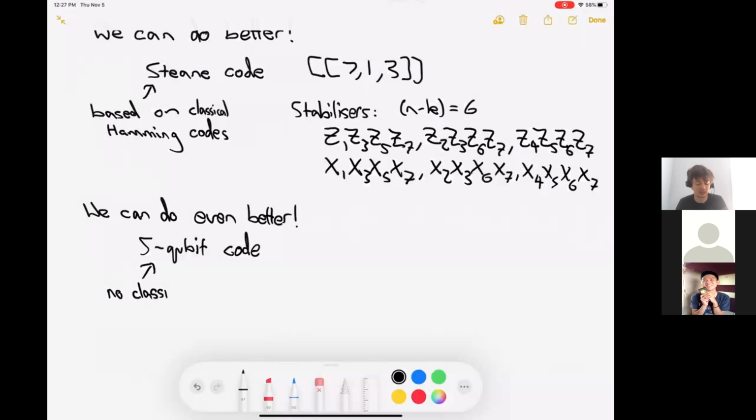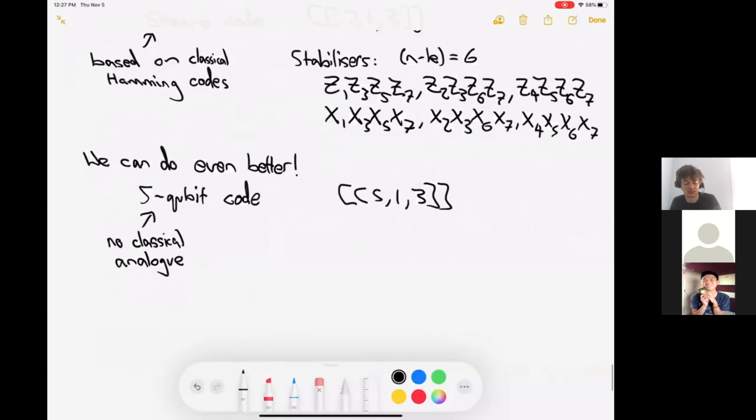It's just fundamentally a quantum error correcting thing that you need this framework of stabilizer codes to come up with. And so this is, again, 5 physical qubits now, 1 logical qubit, and distance 3. Okay, and stabilizers. We have 4 stabilizers.